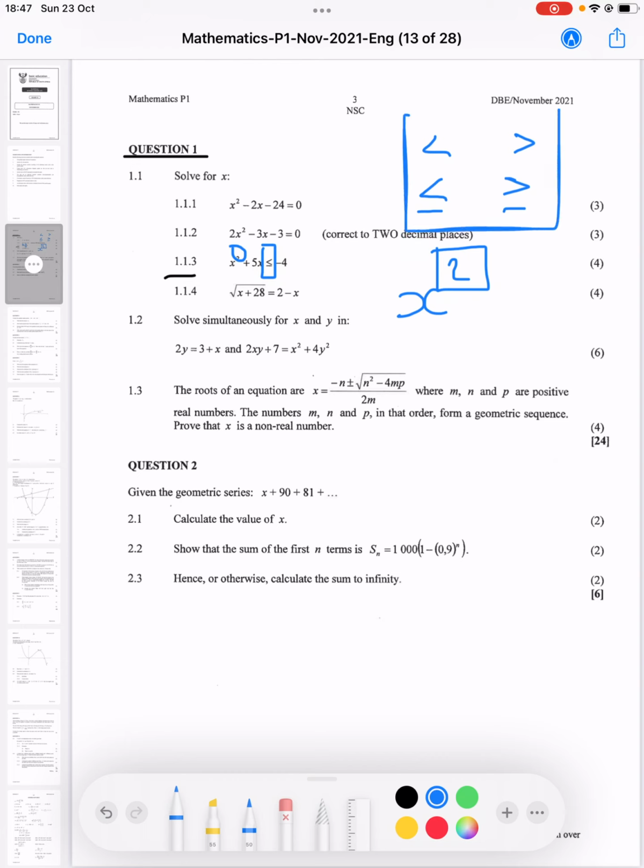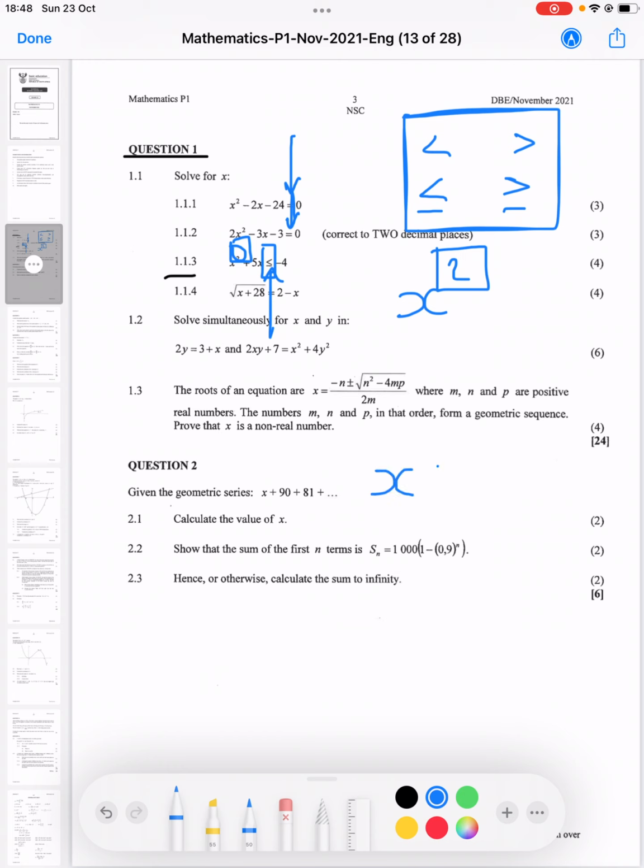So we don't call it a quadratic equation but a quadratic inequality. An equation is when you have an equal sign. But when you have that sign, it's called an inequality. And because it is to the power of 2, we call it a quadratic inequality.